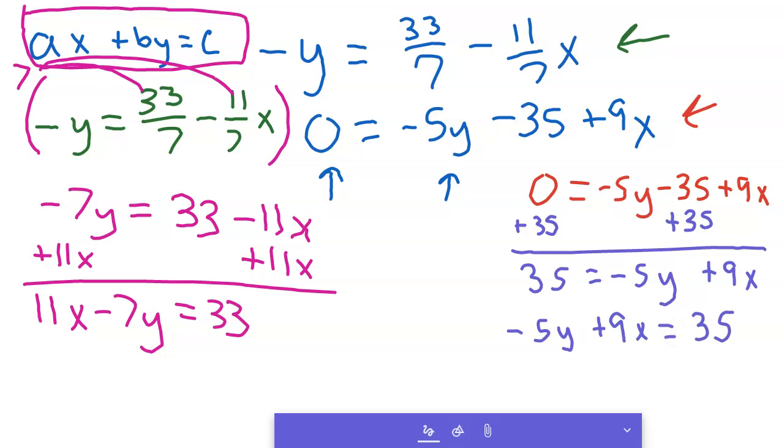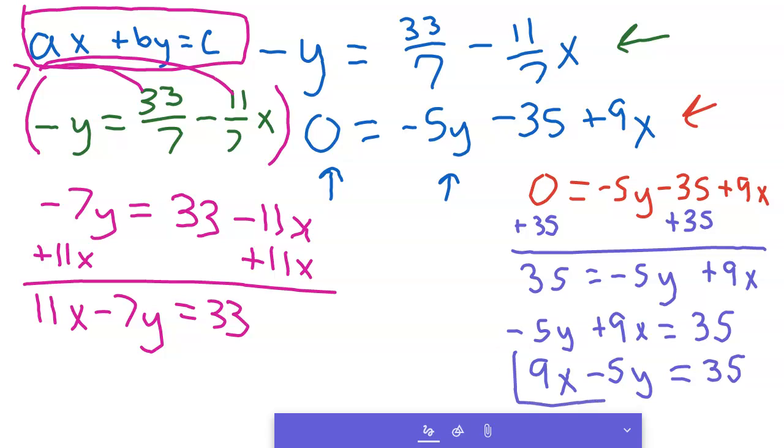I flipped both sides across the equal sign, which is called the symmetric property. Then I'm going to use the commutative property because I want my x first, then my y, and then my number. I'm just going to rearrange the 9x and the 5y. I don't have to change signs because we're on the same side of the equation. So you'd have 9x minus 5y equals 35.